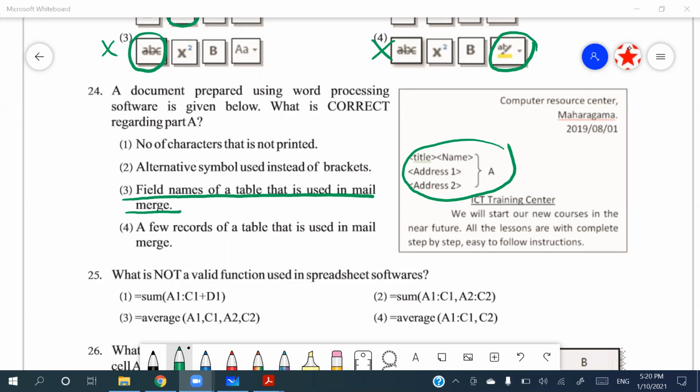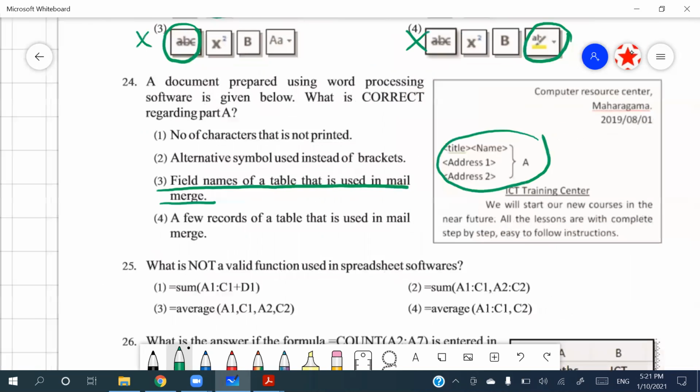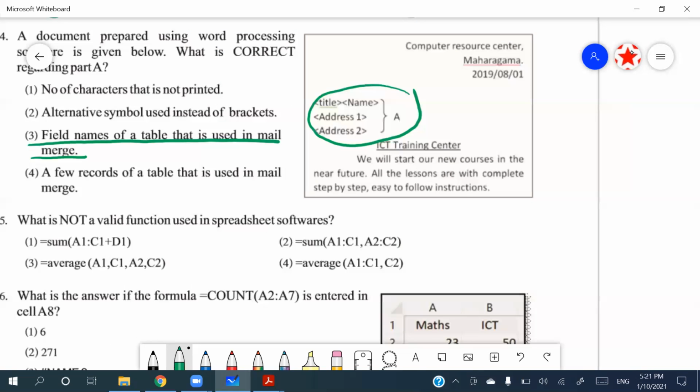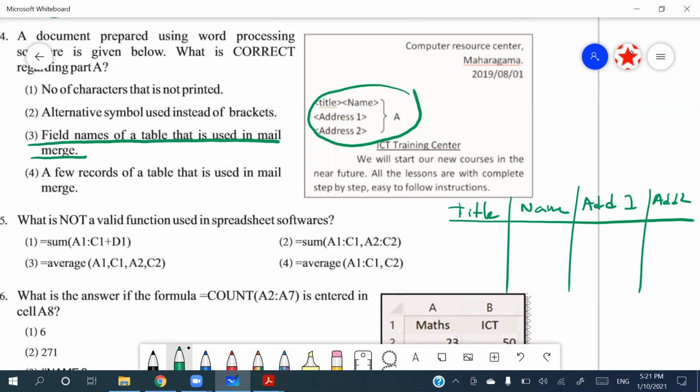The problem with a few records of a table that is used in mail merge is this: your database is going to be something like this: title, name, address 1, address 2. And then this is going to be filled by some values, right?